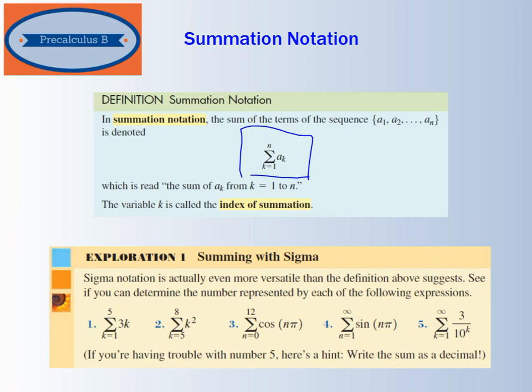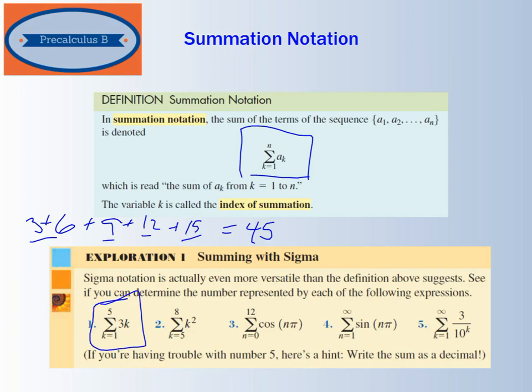So it would be 3 times 1, which is 3, plus 3 times 2, which is 6, plus 3 times 3, which is 9, plus 3 times 4, which is 12, plus 3 times 5, which is 15. We're just going to get the sum of these values. So 9 plus 9 is 18, plus 12 is 30, plus 15 gives me 45.